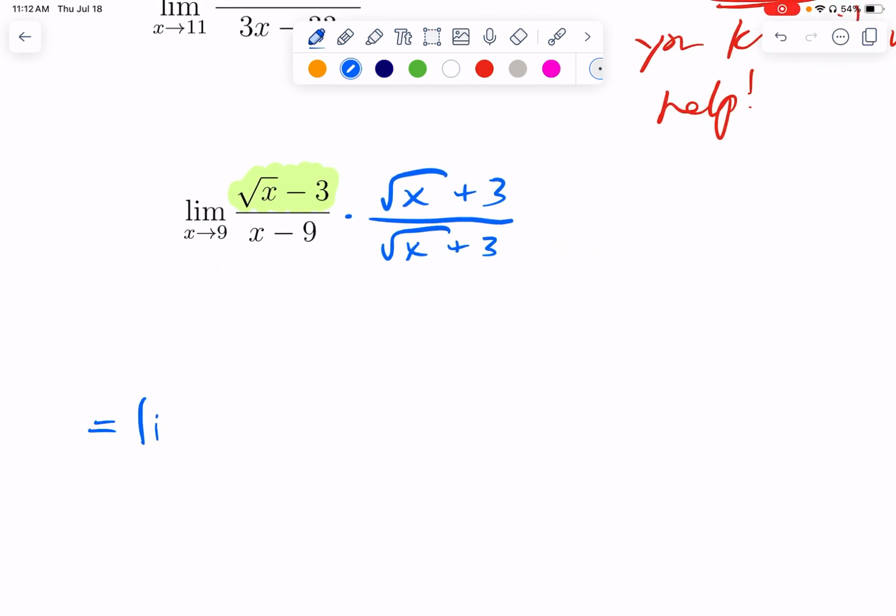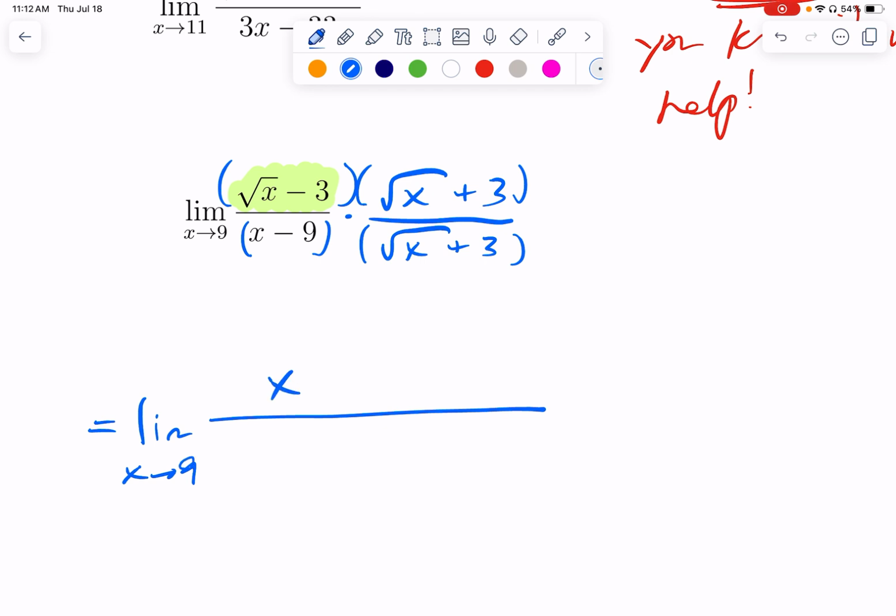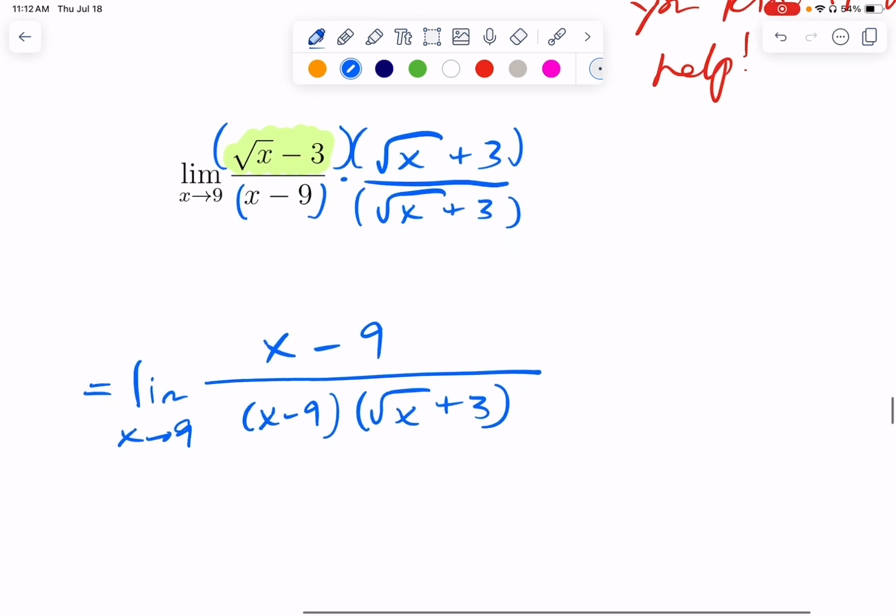So when we do that, and remember, these are all factors, put them in parentheses to be safe. The top, by that trick, is just first thing squared minus second thing squared. The radicals go away. The bottom is quantity x minus 6 times the factor root x plus 3.